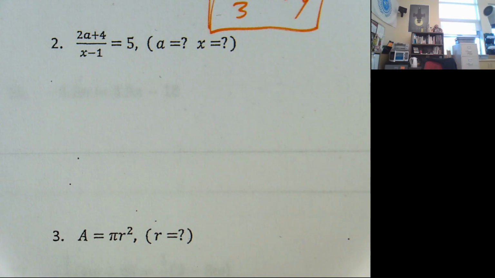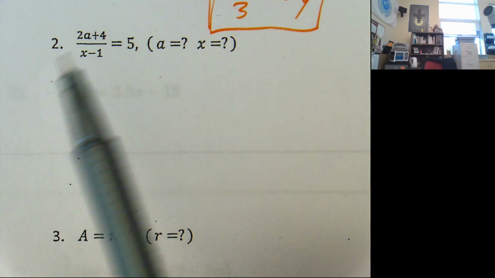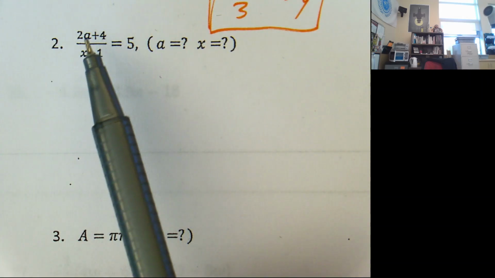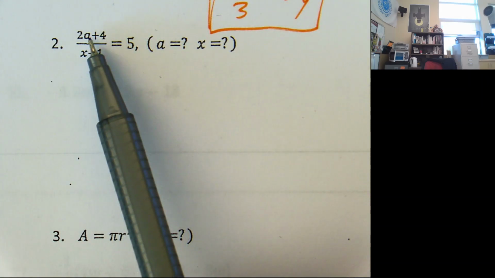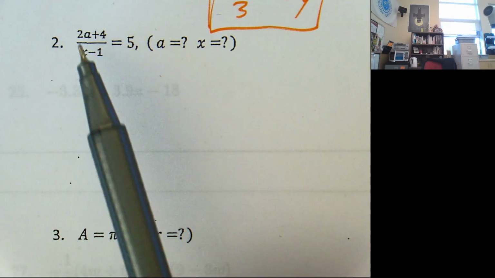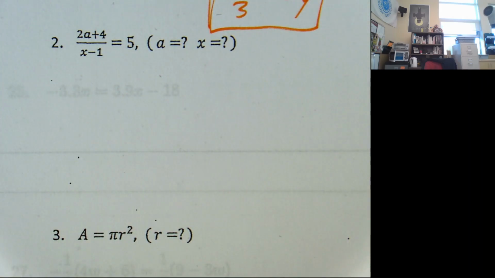I've got a 2a plus 4, and in the denominator I have x minus 1, and that whole thing is equal to 5. I want to isolate this for a and x. It doesn't matter which one we do first. Which one do we want to start with, a or x? A. Okay, A. So a is buried up there in the numerator. What are we going to do first?